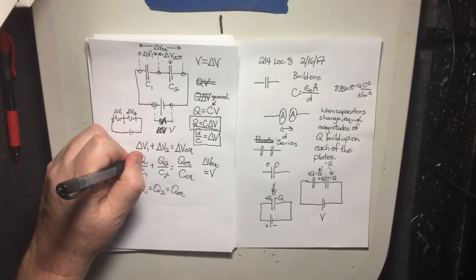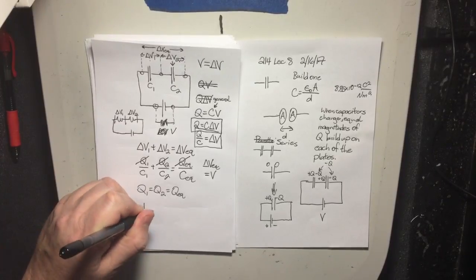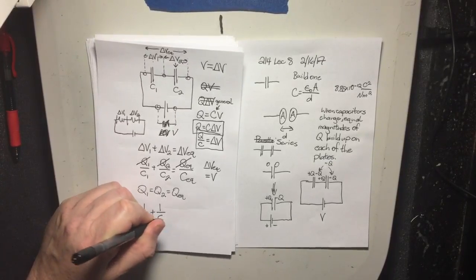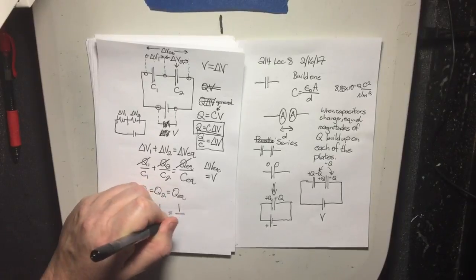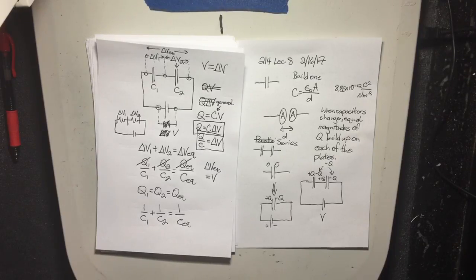Now, because all the Q's are the same, they drop out. And what we're left with is the equivalent capacitance equation.